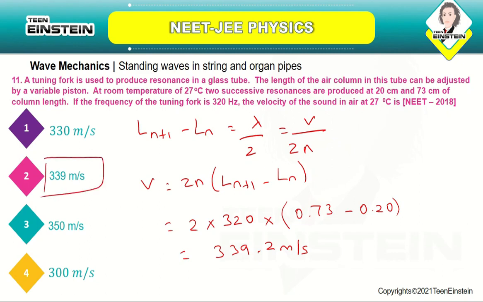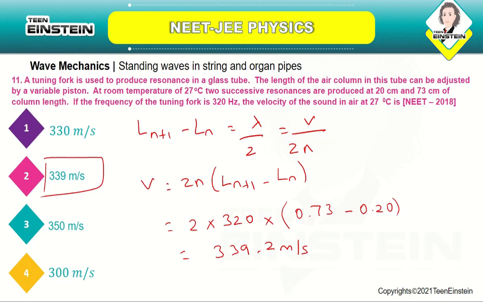So here what you are doing is, for a resonance tube experiment, the difference between the lengths of column for two successive resonances is given by L(n+1) minus Ln equal to lambda by 2. You are changing lambda into the velocity formula, so V by 2n.